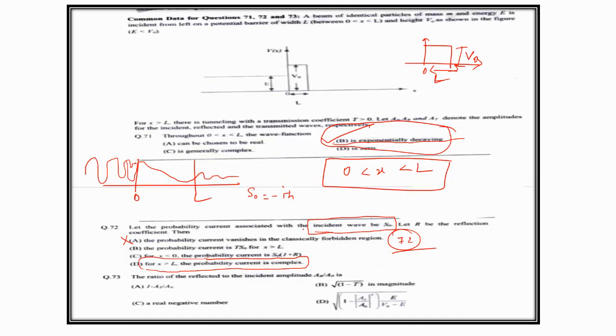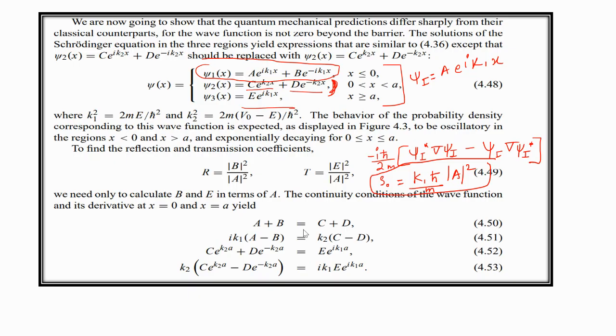Now here, if we see T, and T is the transmission coefficient, T is the amplitude E square upon A square, right?